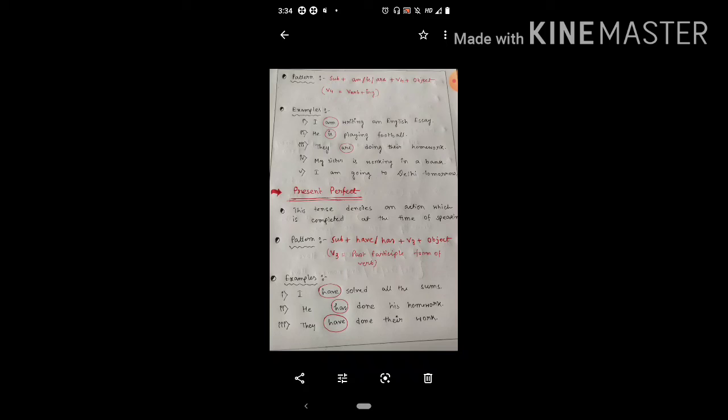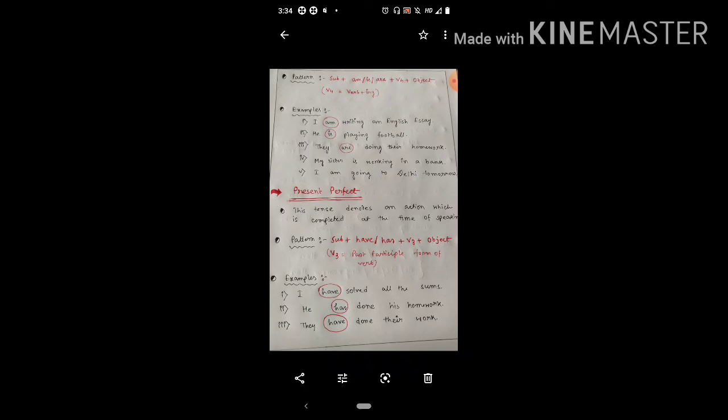The pattern of present perfect tense is, we have to write at first the subject and then have or has, and after that we have to write the V3 form of the verb and then the object. Now what is V3? The past participle form of the verb is the V3 form of the verb. Now look at the examples.